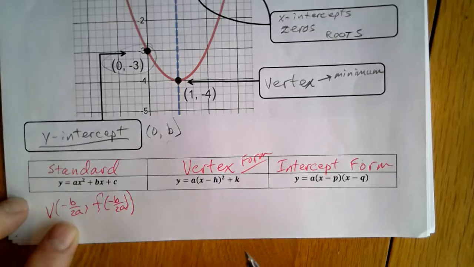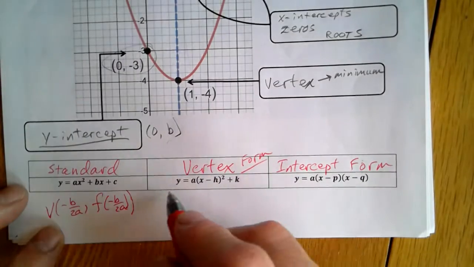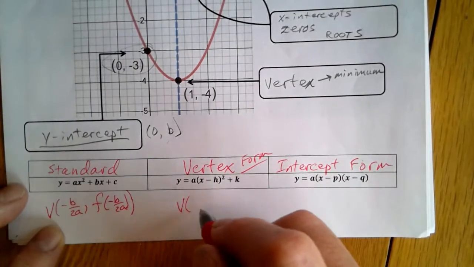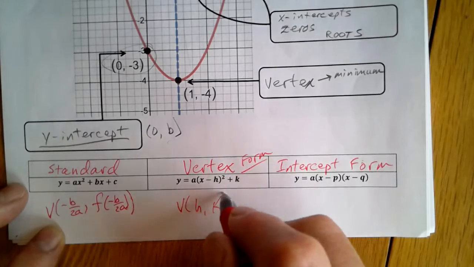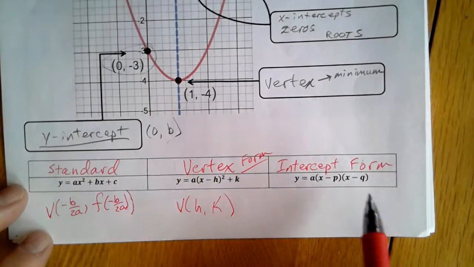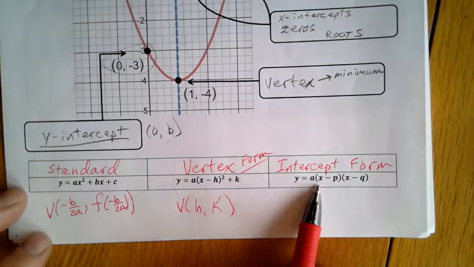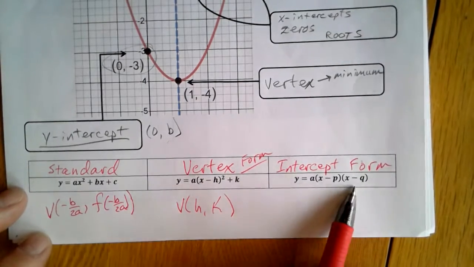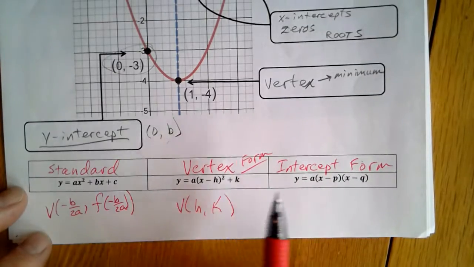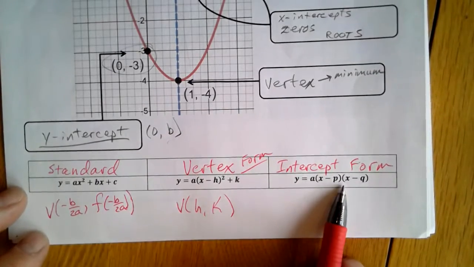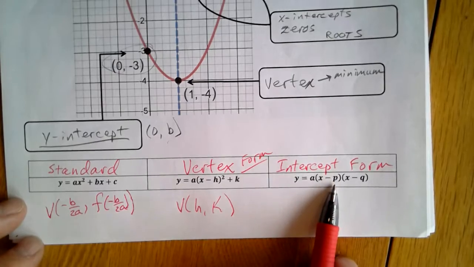This is my vertex. Here, my vertex is hk. Okay, here the vertex is a little different. You have to find the middle point of these two. So if I'm going to work with this form, I'm going to plot the x-intercepts, and then I'm just going to do the math, okay?